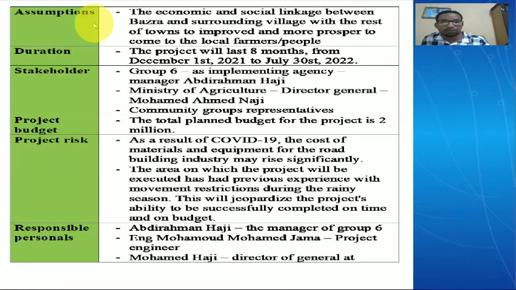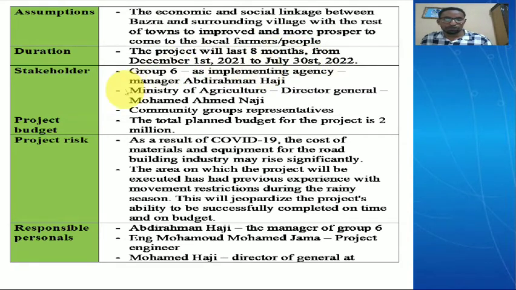So the assumption of the project is the economic and social linkage between Basra and surrounding villages with the rest of the towns, to improve access for the local farmers. The duration of the project is 8 months, from December 1st to July 3rd, 2021.